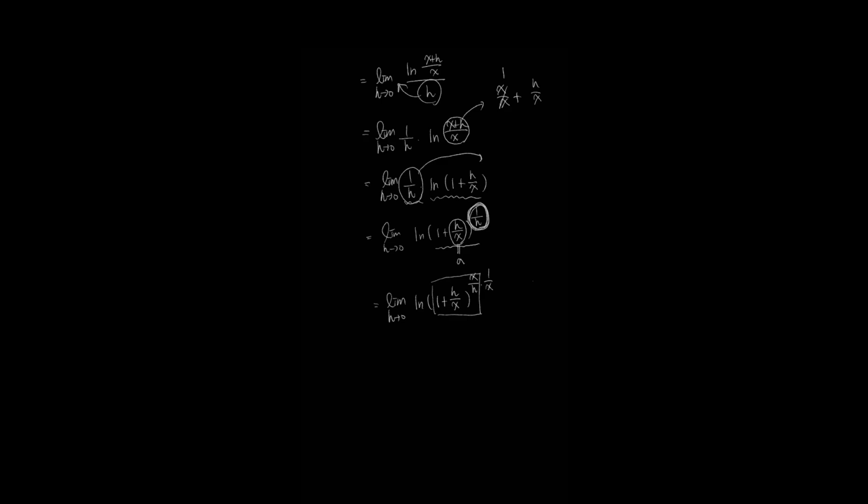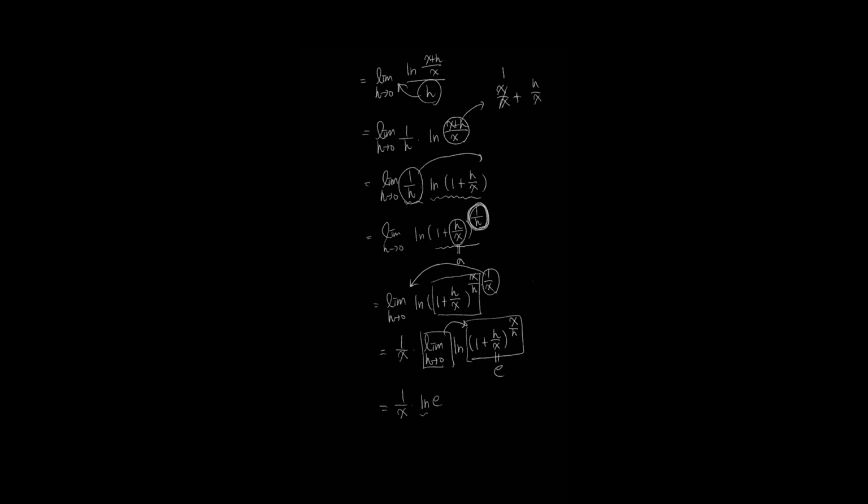Now we take this down here as the property of log. So it's going to be 1 divided by x, and limit h goes to 0, ln of (1 plus h divided by x) to the power of x divided by h. And this part is the natural constant e, so including this part, it's going to be like this.